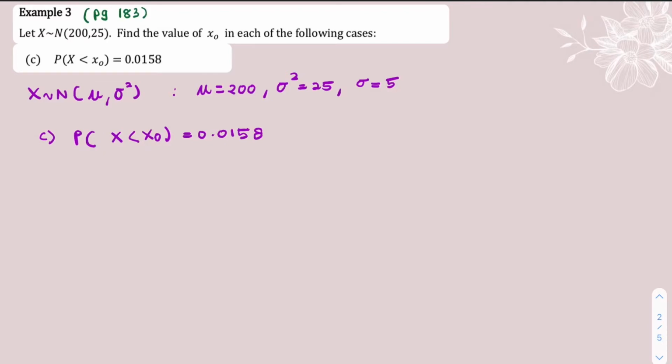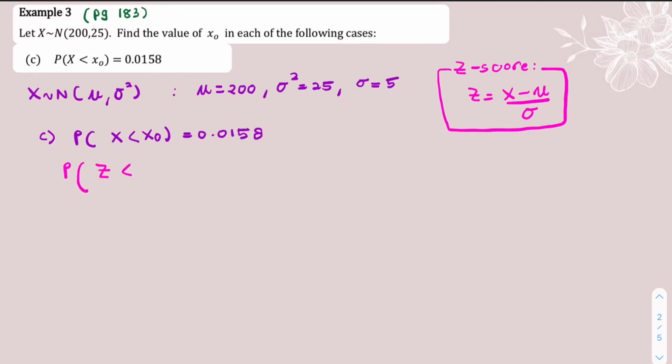First step is you change from your normal distribution into the standard normal distribution. Now, for changing from X to Z, you have to use the Z score. Z score is Z equivalent to X minus mu over sigma. So the probability of Z less than X naught minus 200 over your sigma, which is 5, is equivalent to 0.0158, where the probability doesn't change from before.